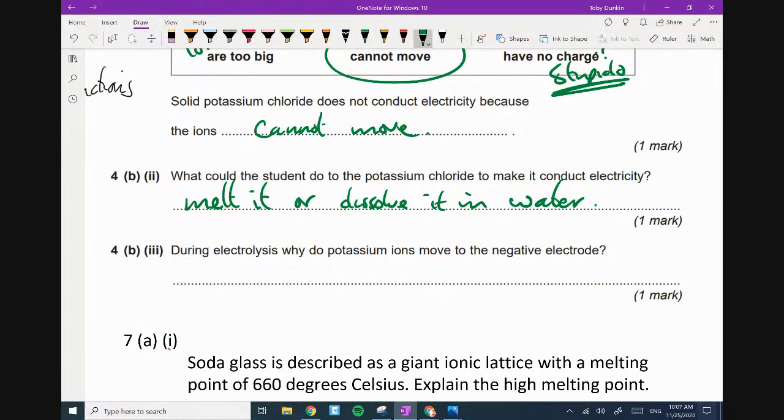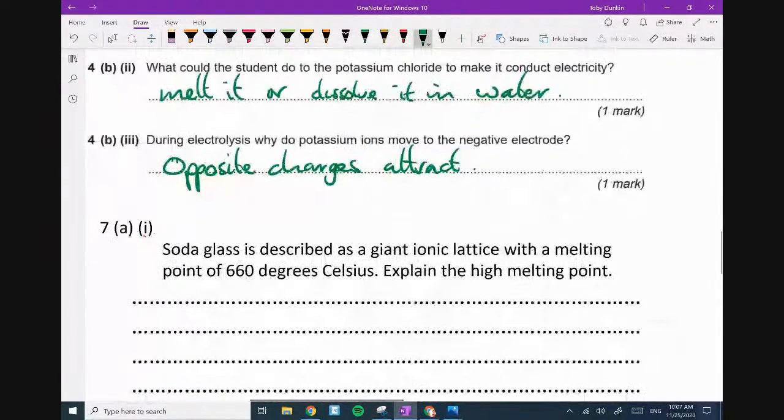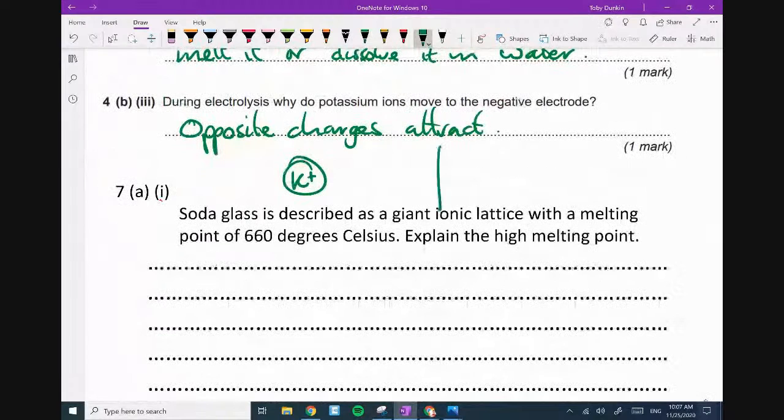Thank you very much, Masaru. That's correct. Opposite charges attract. So we've got the positive cation of potassium being attracted towards the negative electrode. Yeah, this is the negative electrode. So there's going to be an attraction. Opposite charges attract. That's it.